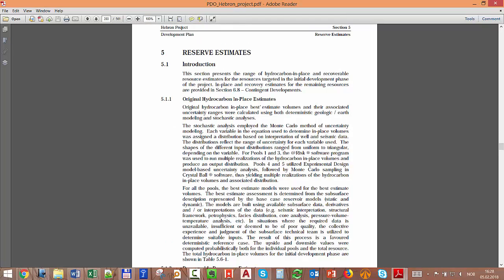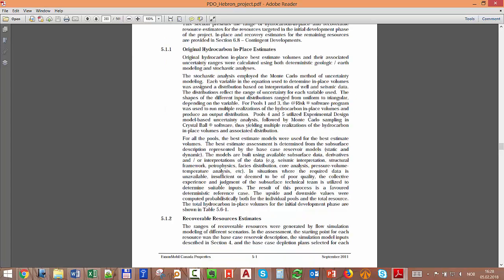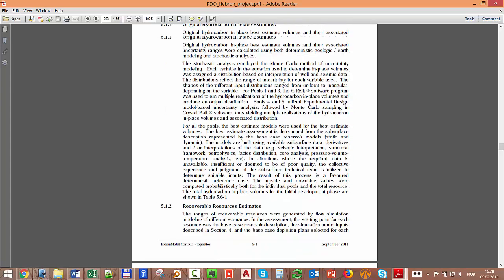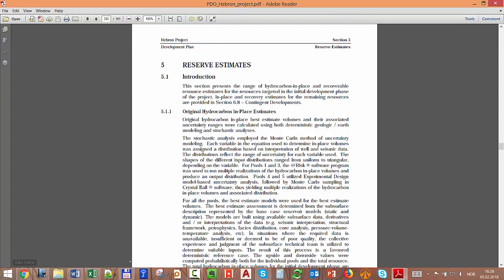If you want to see in more detail how a more realistic case is done, I recommend, if you haven't done it already, reading section 5.1.